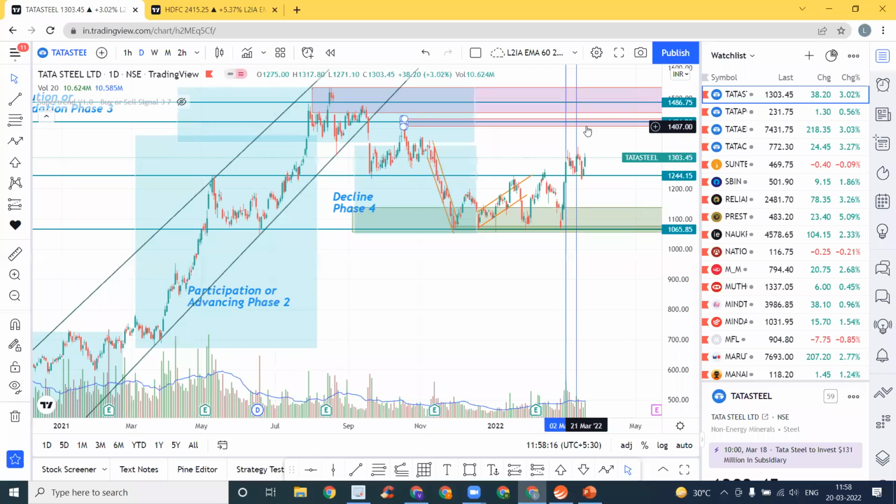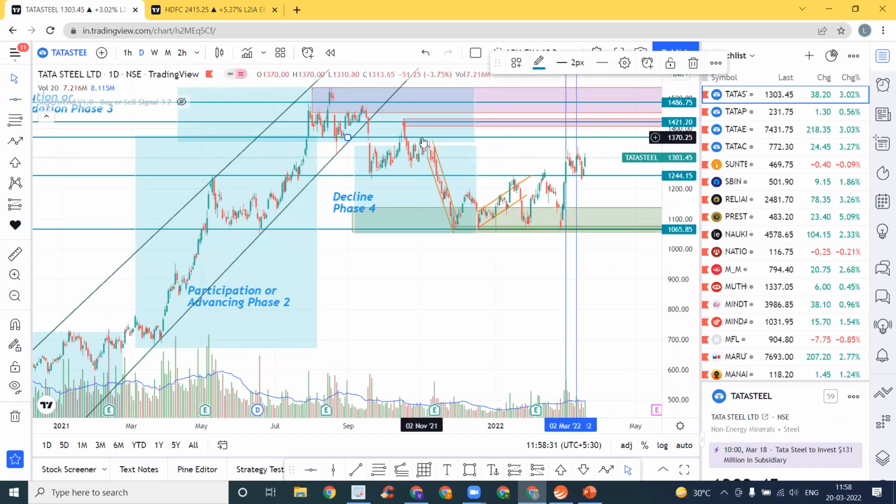So I, for one, this is my opinion, if you find a good gain at these levels of 1400 or 1380 or 1350, because there is a possibility that it can come up to here and take a reversal.